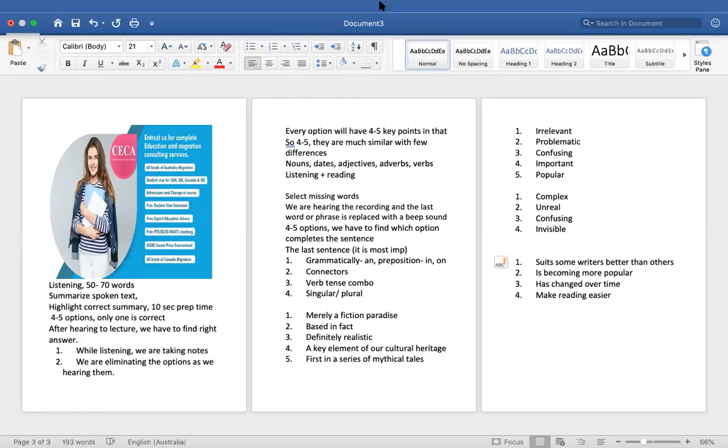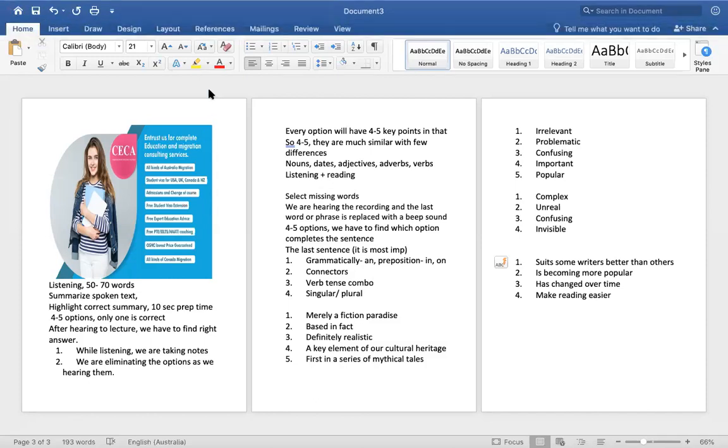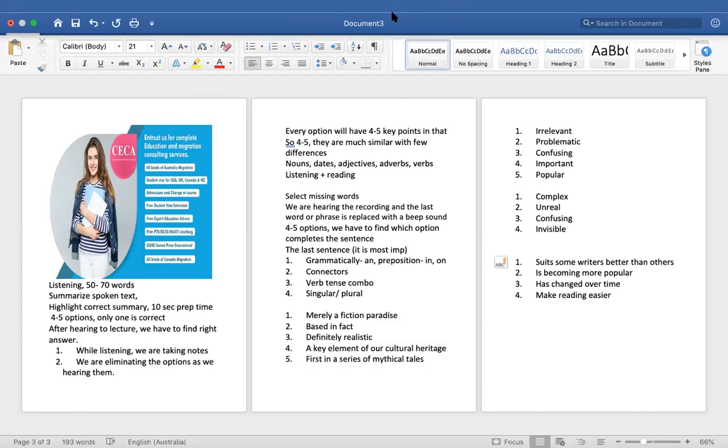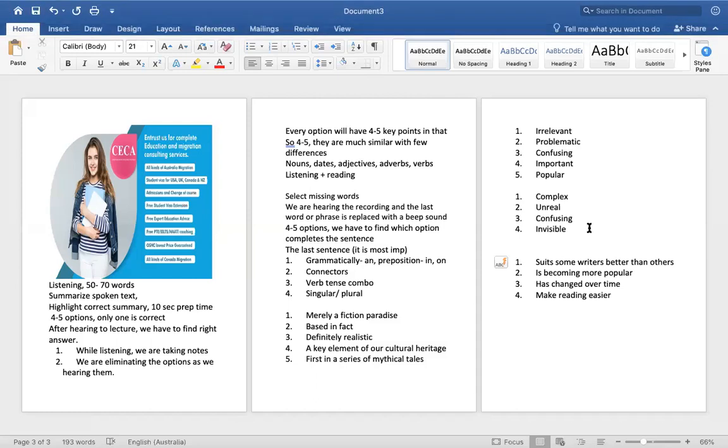And you are just picking up the right option, right? So just hear the lecture as a story. Keep in mind, because when you're listening with the intent of understanding, you will have that understanding, that meaning of the thing you are hearing, and that makes it easier for you to pick up the option there.